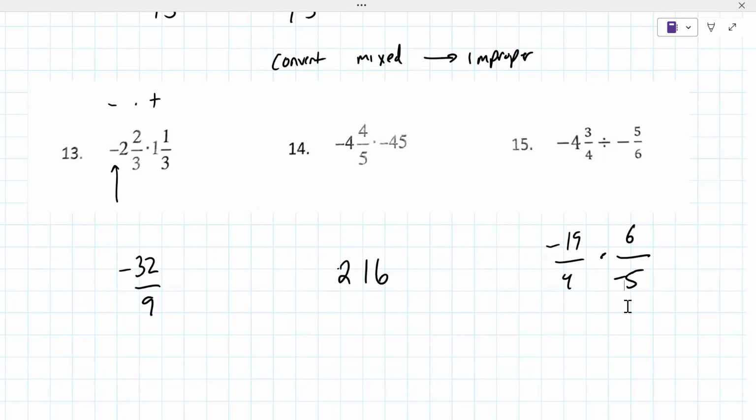But don't forget that you can pre-reduce. Oh, right. So let's reduce. The negatives also cancel. So it ends up being 57 over 10. You know, 19 times 3, 2 times 5.